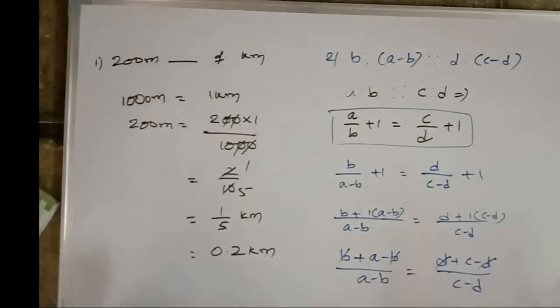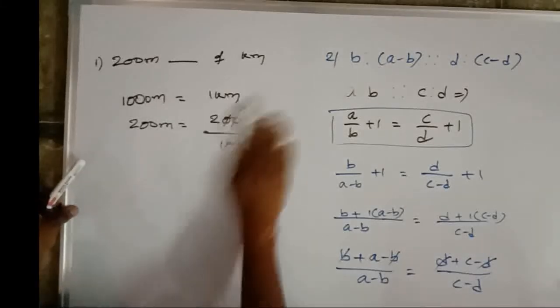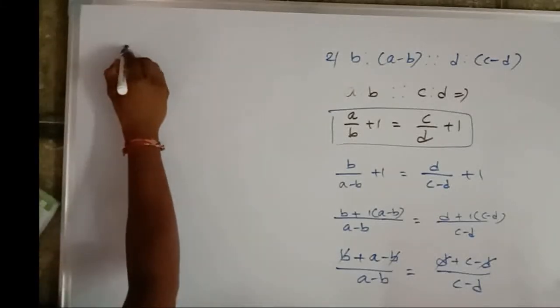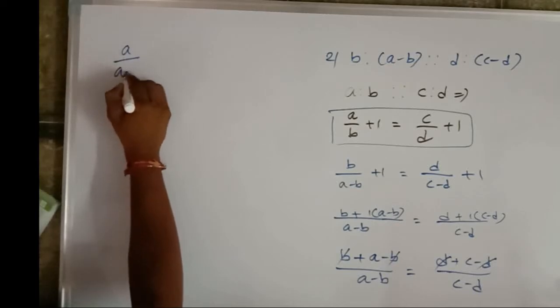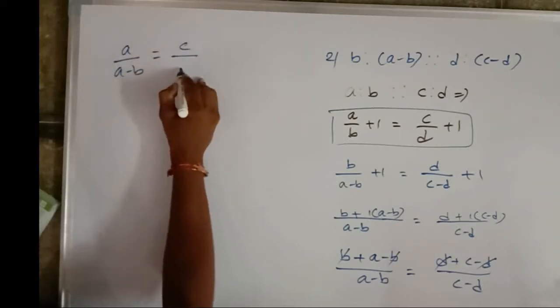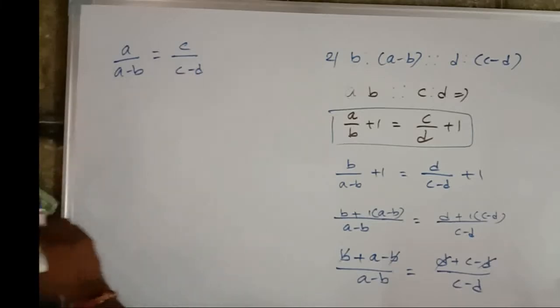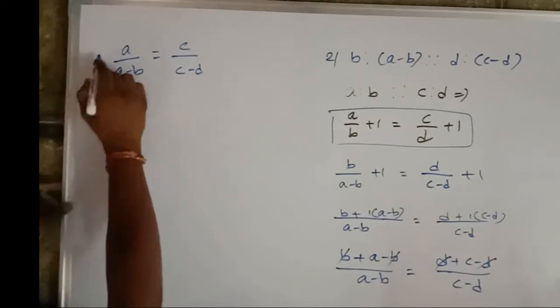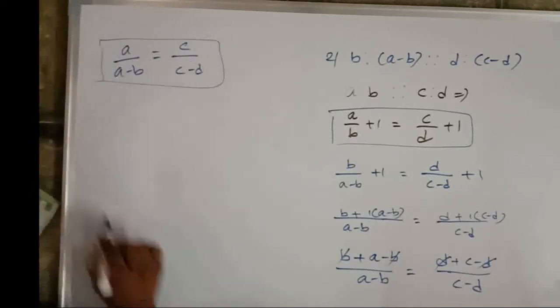Now the next is A by A minus B is equal to C by C minus D. So this is the answer.